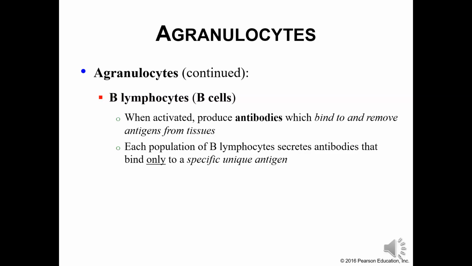When B lymphocytes are exposed to an invading microbe like a virus or a bacteria, which is what we call activation, they produce antibodies, which then bind and remove the antigens from the tissues. Each population of B lymphocyte will secrete antibodies that bind only to that specific unique antigen. And we'll talk about this further when we look at immunity in the next chapter.